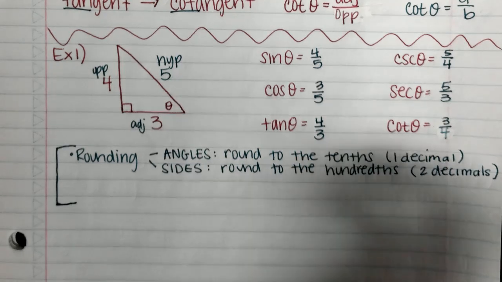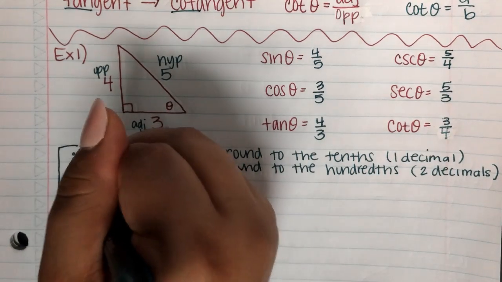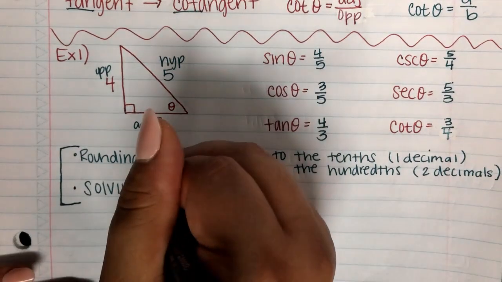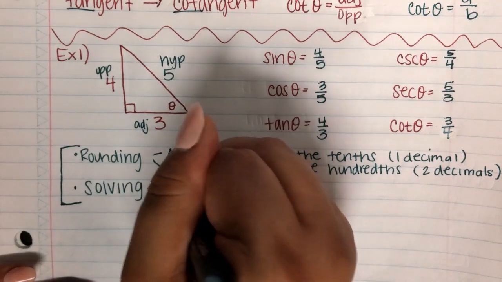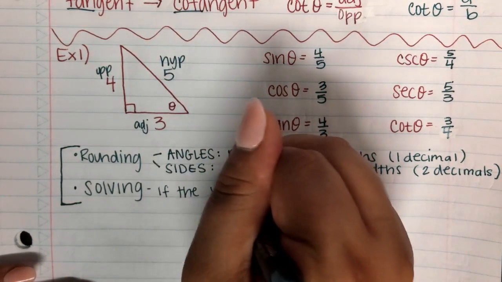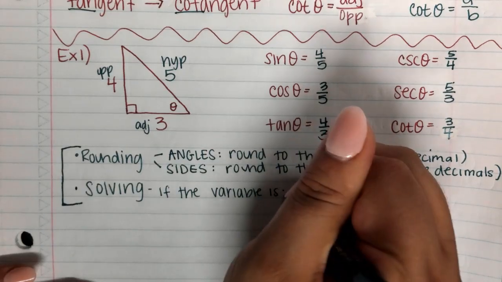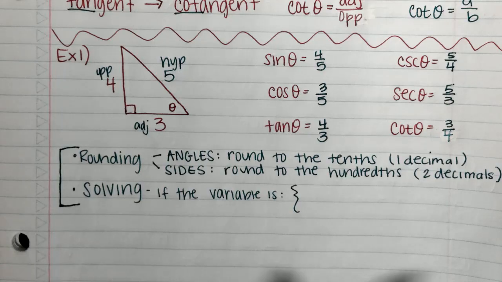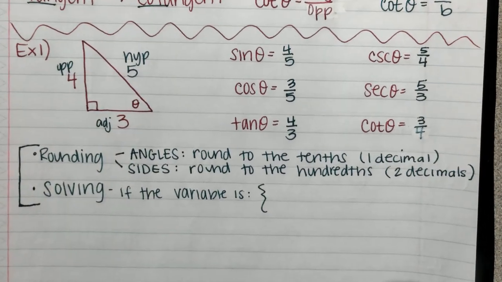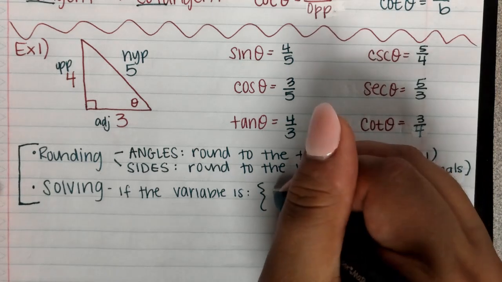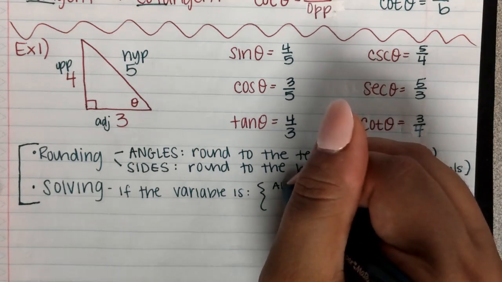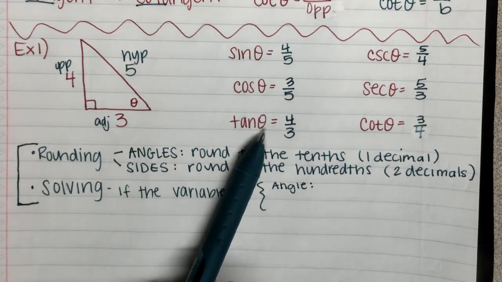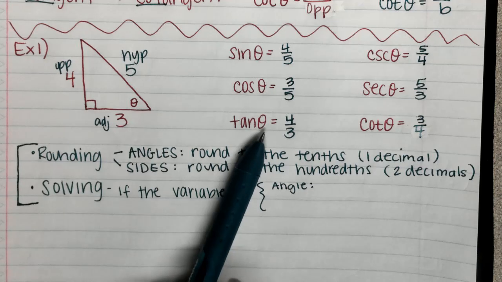The other thing I want to remind you about SOHCAHTOA is when you're solving. If the variable is the angle, for instance, if I'm trying to find theta right here, how do I get theta by itself?